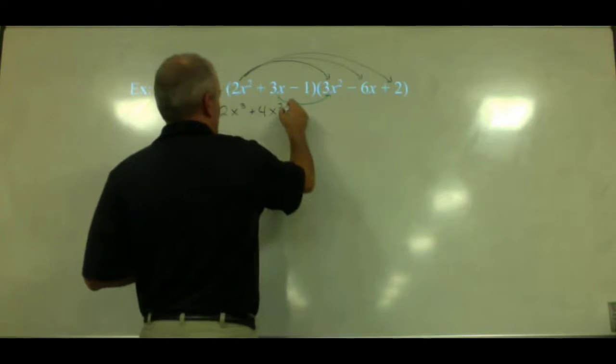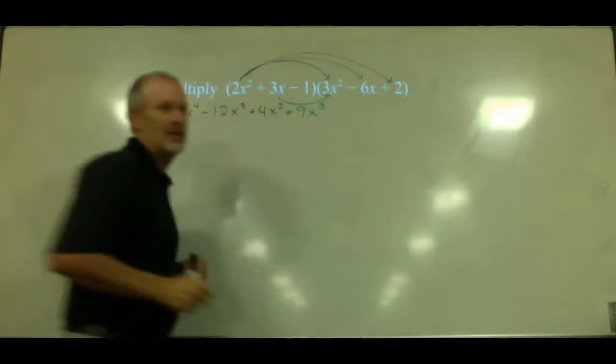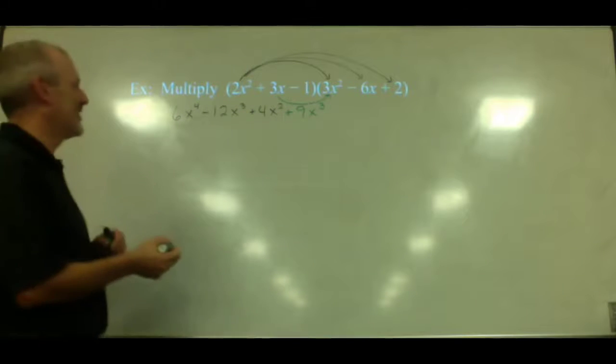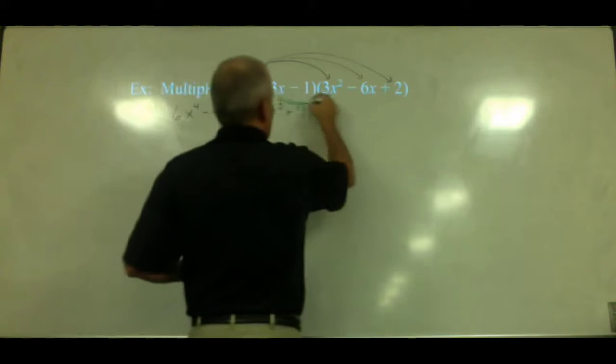And that will give us 9x cubed. Then what? So what should we do next? 3x times the minus 6x.